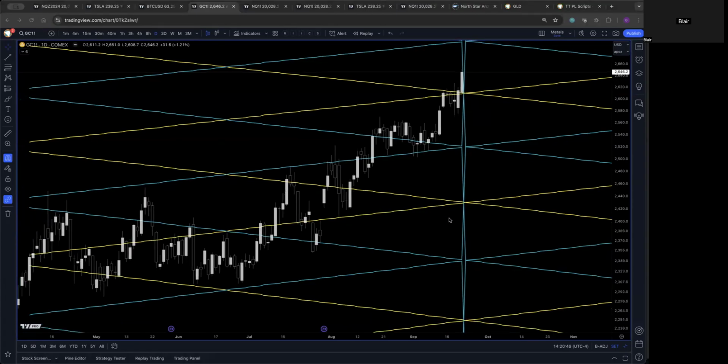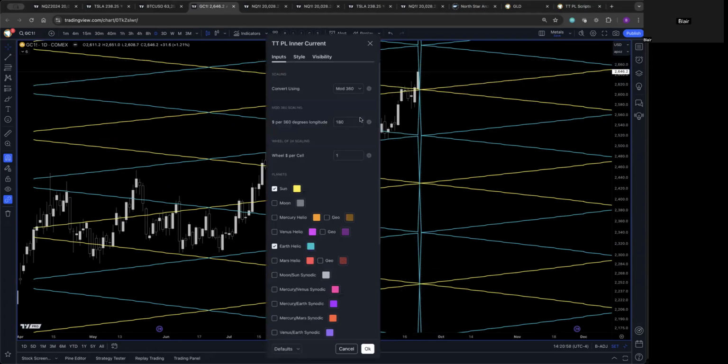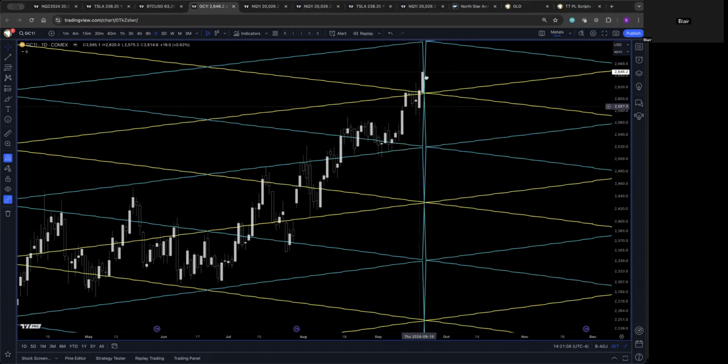Not much to add here. It's pumping really hard right on this Earth Helio 180 wraparound. So this is basically the fall equinox.